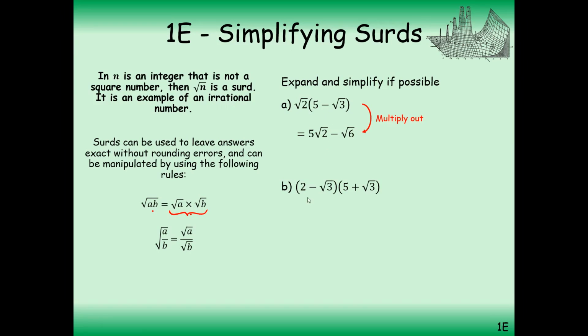Now, have a go at the next example. So that involves multiplying 2 by 5, 2 by root 3, 5 by negative root 3, and negative root 3 times positive root 3. Notice here, you're going to end up with a negative 3 because of the minus sign for your final term.